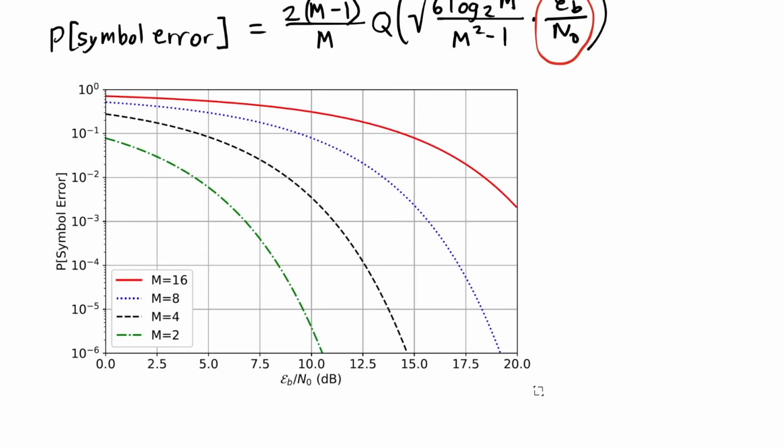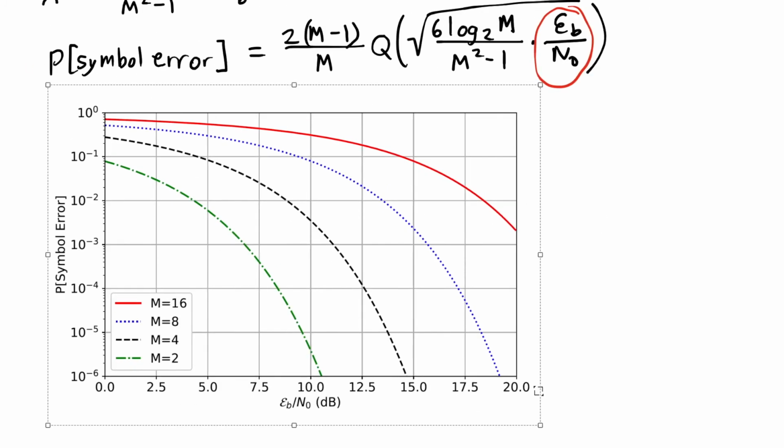So let's draw what this function turns out to be. Here you can see the expression. We've got 4 different lines here, one for each different value of M that I was plotting, M equals 2 through M equals 16. On the x-axis, we're listing the energy per bit divided by N naught. This Eb over N naught ratio is given in dB, decibels.